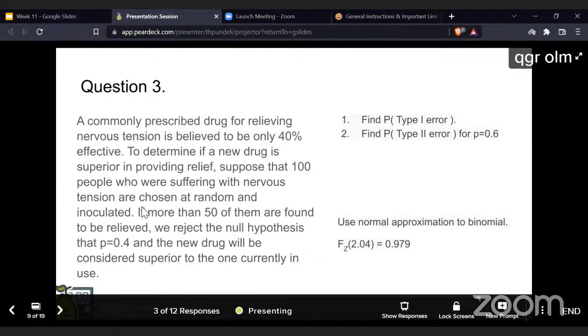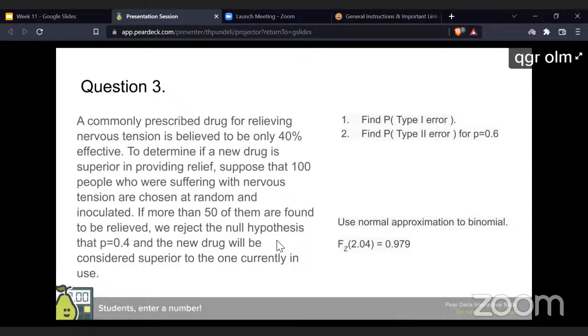So you're saying if more than 50 of them are found to be relieved, we reject the null hypothesis. Right. But the statement doesn't make sense. Even if 30 of them, or let's say 35 of them are found to be relieved, we are rejecting the null.